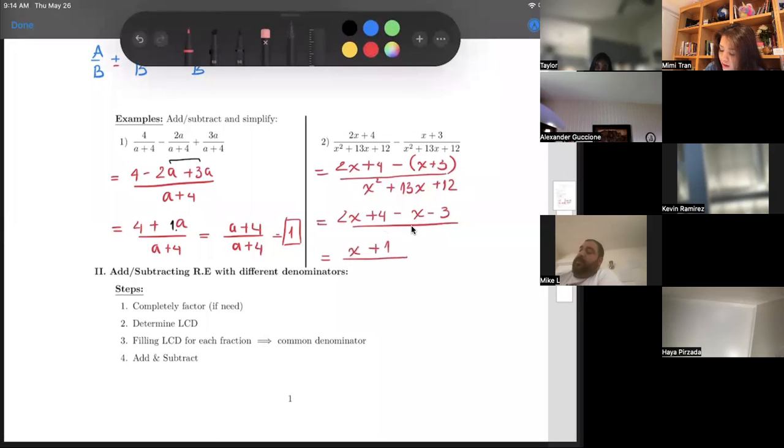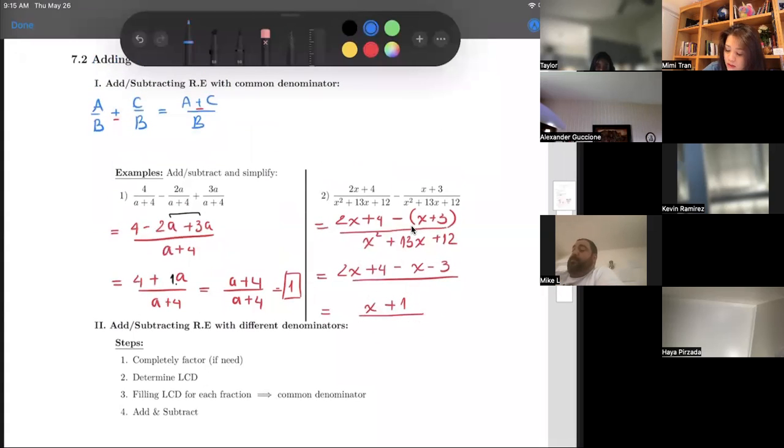Do you think you can factor the bottom? x squared plus 13x plus 12. Two numbers that multiply to give you 12 and add to 13.